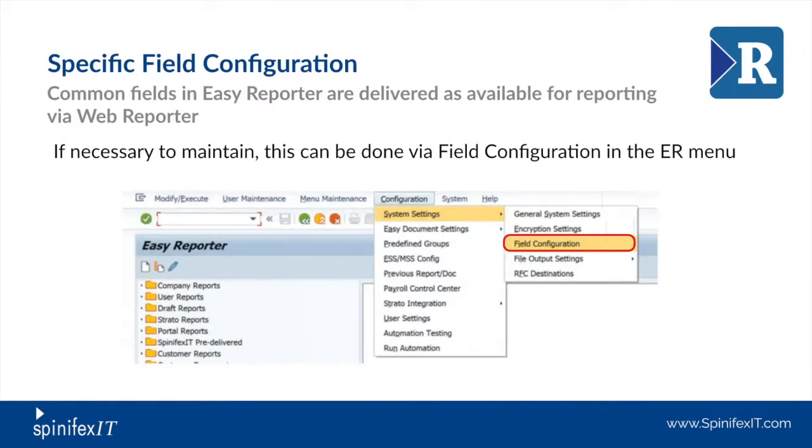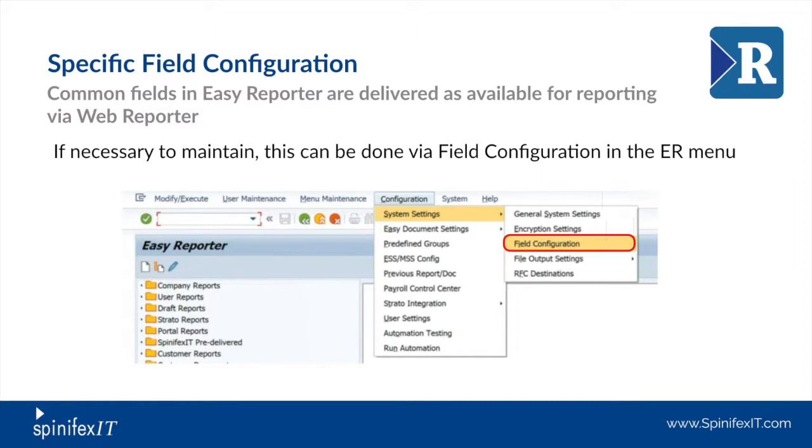Configuration extends down to the individual report field level as well, as any Easy Reporter field can be made available or not available for usage in web reporting. Now, for the most part, the fields from us are delivered as available, but if you have any custom fields in Easy Reporter, you may need to check out this step.